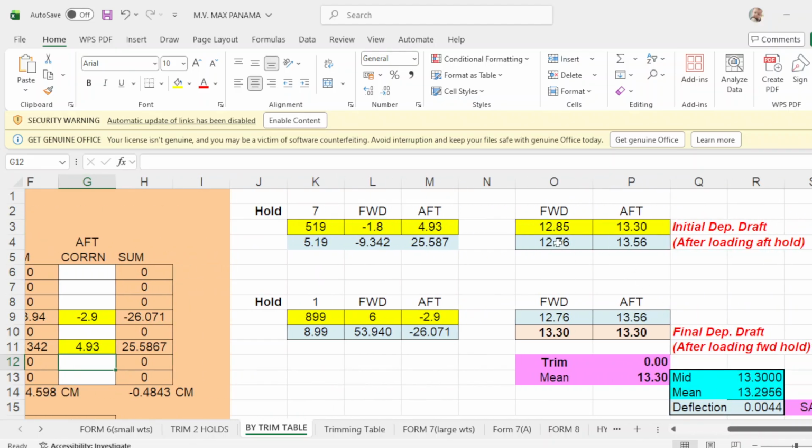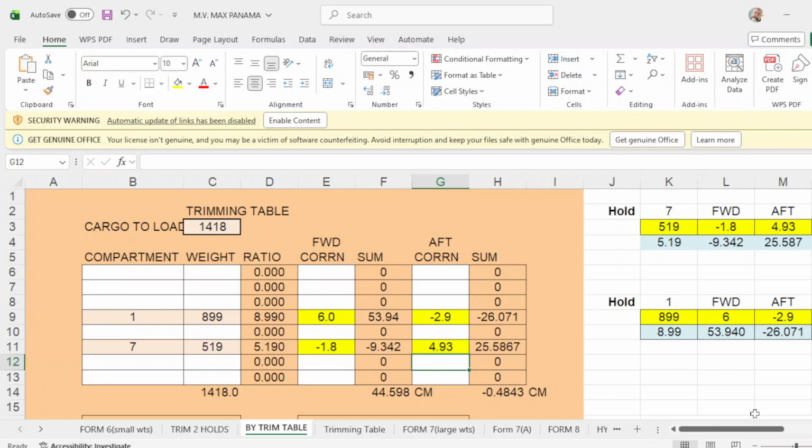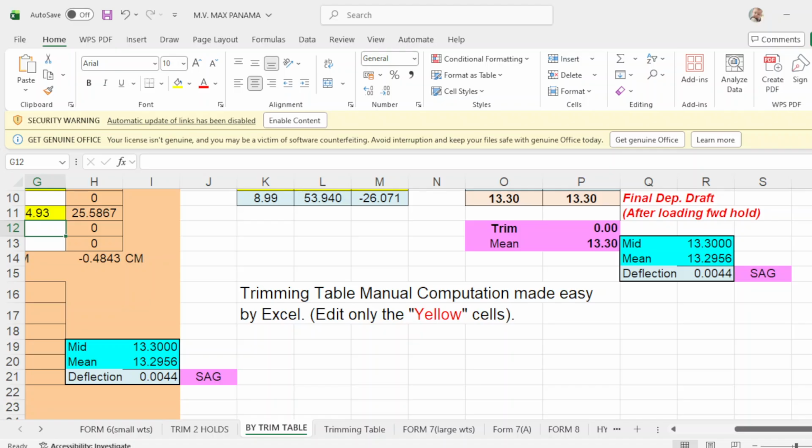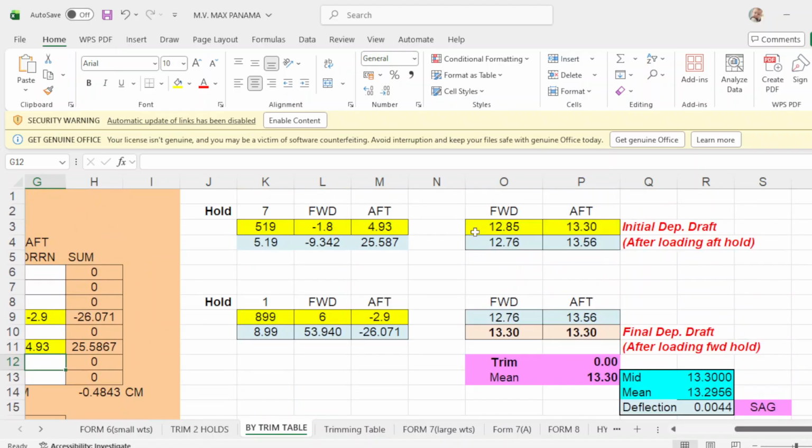This is your initial drop of 12.85 and 13.30, which is your initial drop here. Okay, initial drop. Once you have completed your amount of cargo 519 in hold number 7, this will be the initial departure drop.